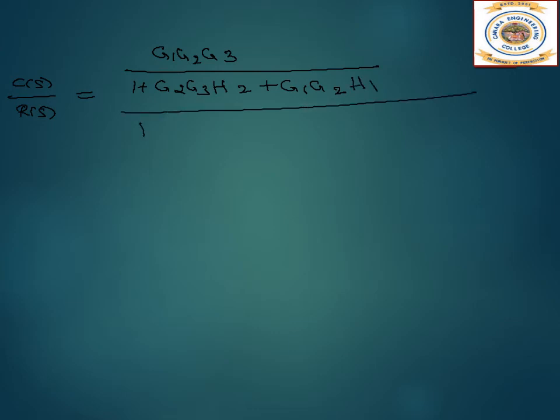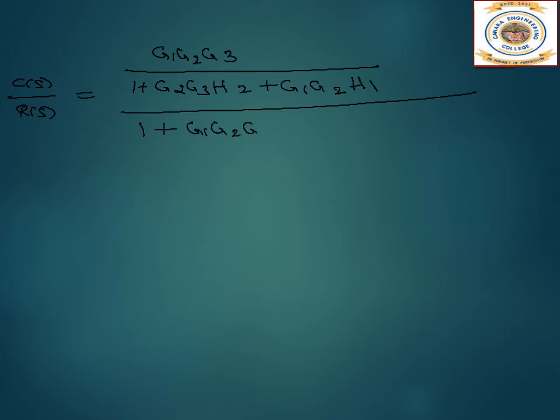C of S by R of S equals, what do we have? Numerator G1 into G of S, which is G2 G3, whole divided by 1 plus G2 G3 H2 plus G1 G2 H1, whole divided by 1 plus G1 negative feedback.